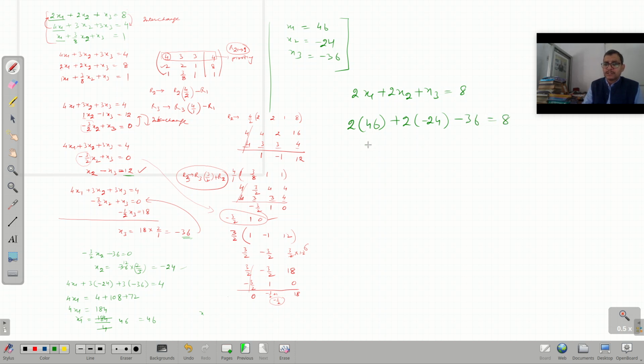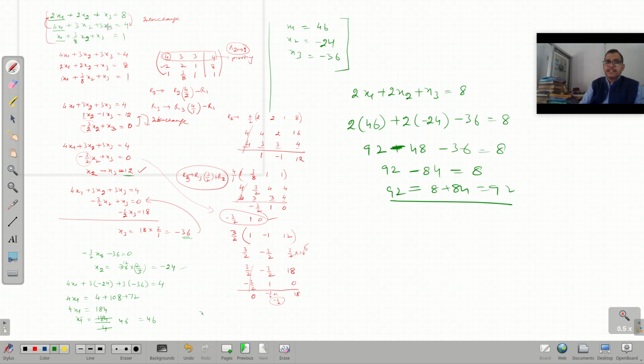So it is 92 minus 84 is equal to 8. So 92 equal to 8 plus 84, it is 92. So hence it is the result of it.